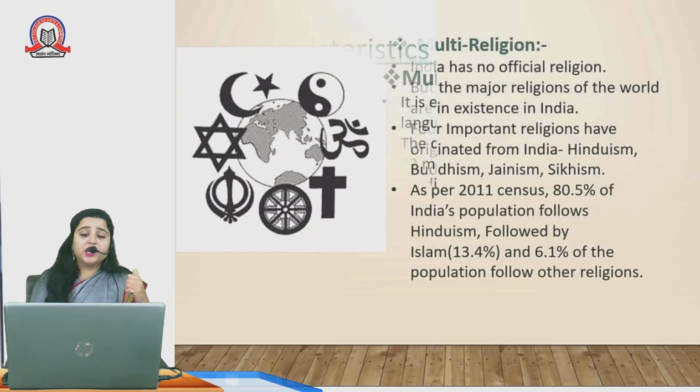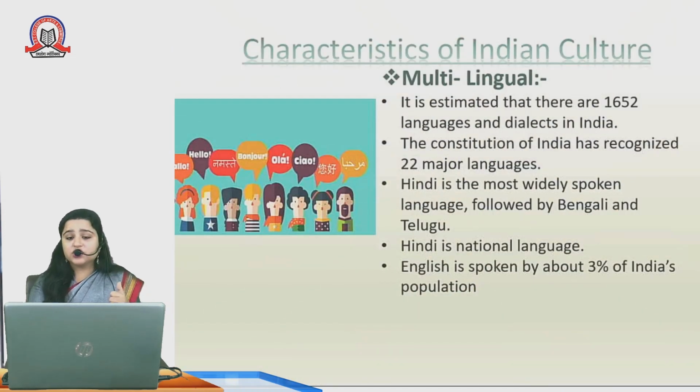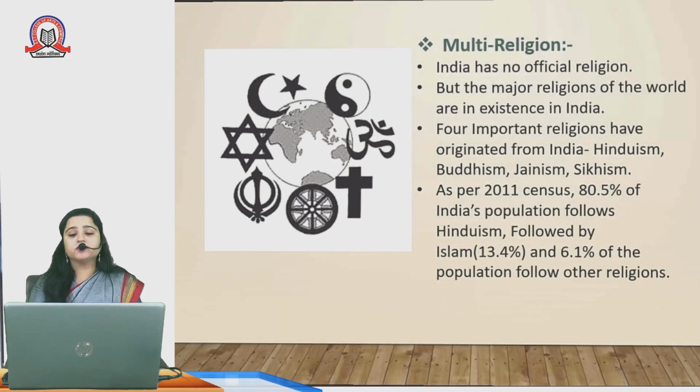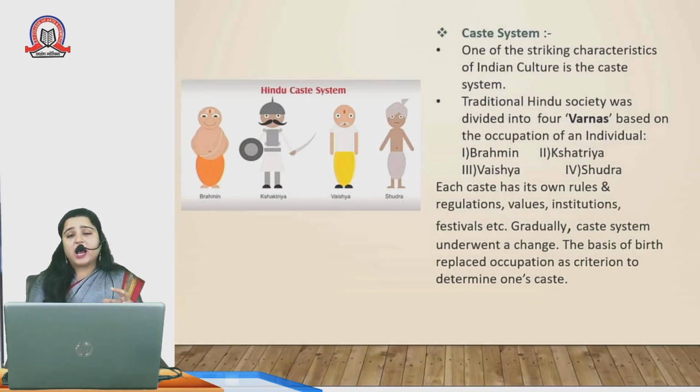So Indian culture comprises languages. We have multiple languages in India, so it is regarded as multilingual. Second, India is multi-religious in nature, because again, many religions are there in India. Third, the caste system.